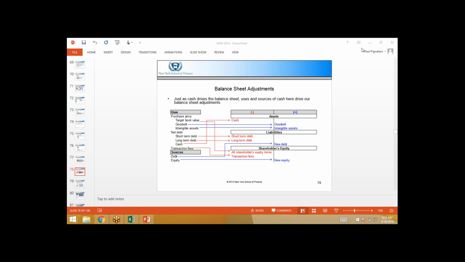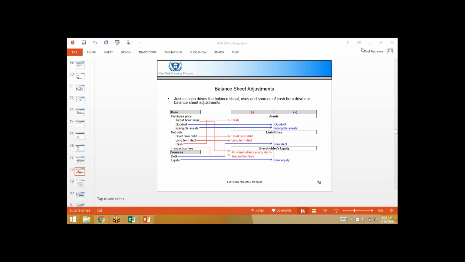Now we left out one specific thing, and that's transaction fees. What happens to transaction fees? This is the last line. This won't balance until you've handled all of them. Transaction fees are typically paid out at the close. We didn't talk about timing here. Remember, with the income statement and the cash flow statement, we don't do historical ones. Say the company was merged December 31st, 2015.